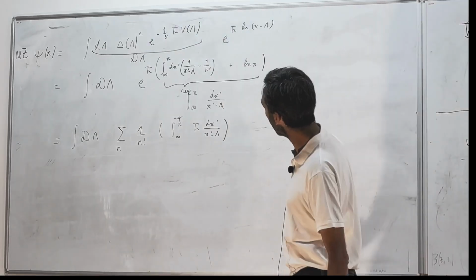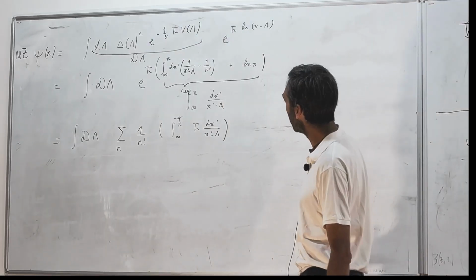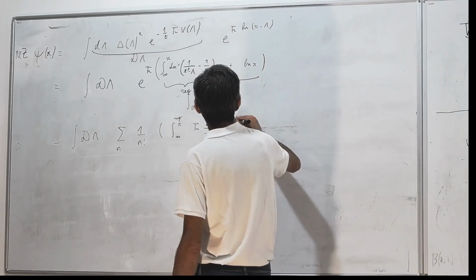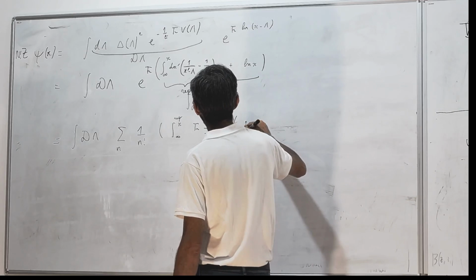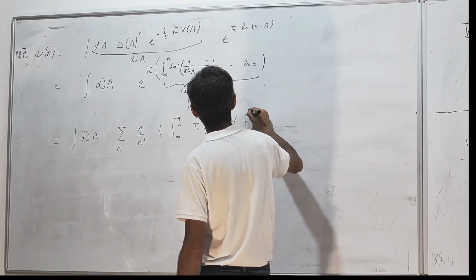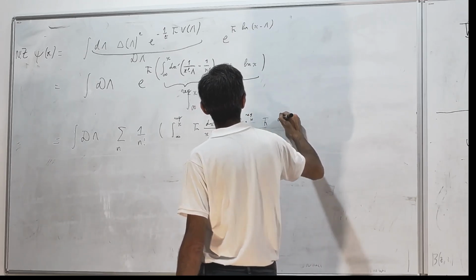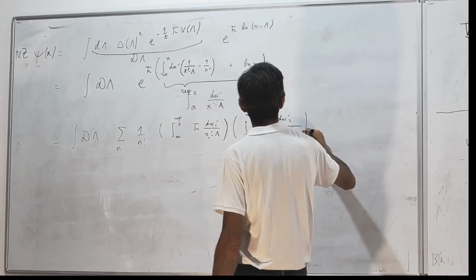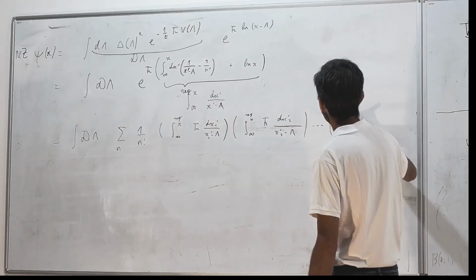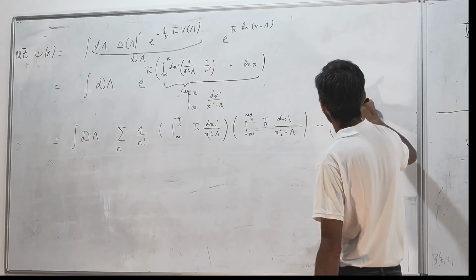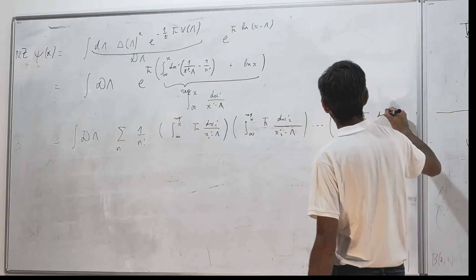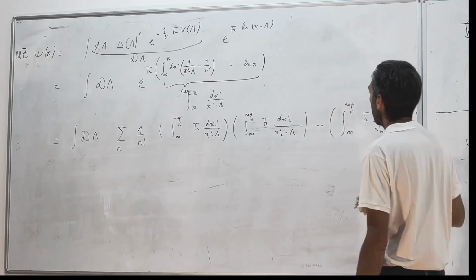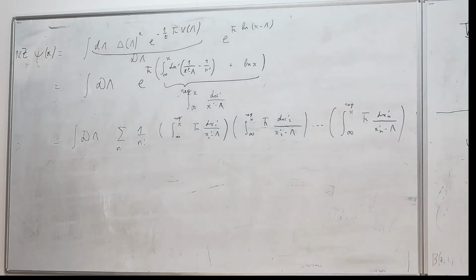I'm going to put it to the power n, but instead of writing it to the power n, let me write it in this way. Okay, I've just done the same thing.